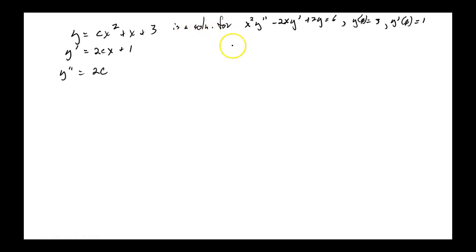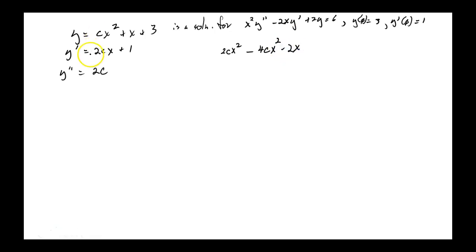This would be x squared times 2c, so 2cx squared. Minus, we have to multiply minus 2x times this whole y prime, so that would be minus 4cx squared minus 2x.